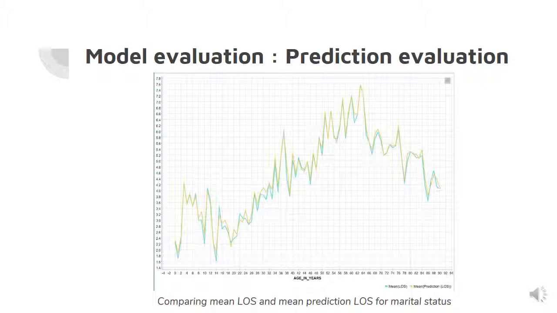Looking at the age in years line plot, we can see that the ages against the LOS are pretty much scattered, and there is an increasing trend in LOS from the age of 18 or 20 until 64, after which it drastically fell down. The interesting part is that throughout this entire time frame, our prediction model almost accurately predicted the LOS, and there isn't any significant deviation from the predicted LOS with the actual LOS.